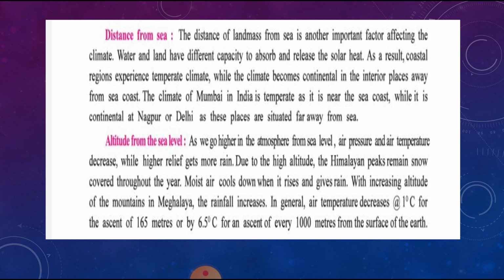With increasing altitude of the mountains in Meghalaya, the rainfall increases. In general, air temperature decreases at the rate of 1 degree Celsius for an ascent of 165 meters, or by 6.5 degrees Celsius for an ascent of every 1000 meters from the surface of the earth.